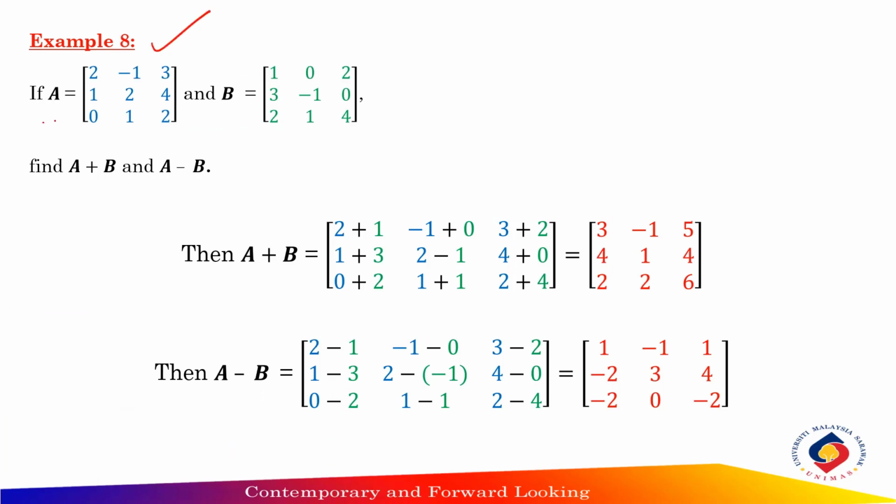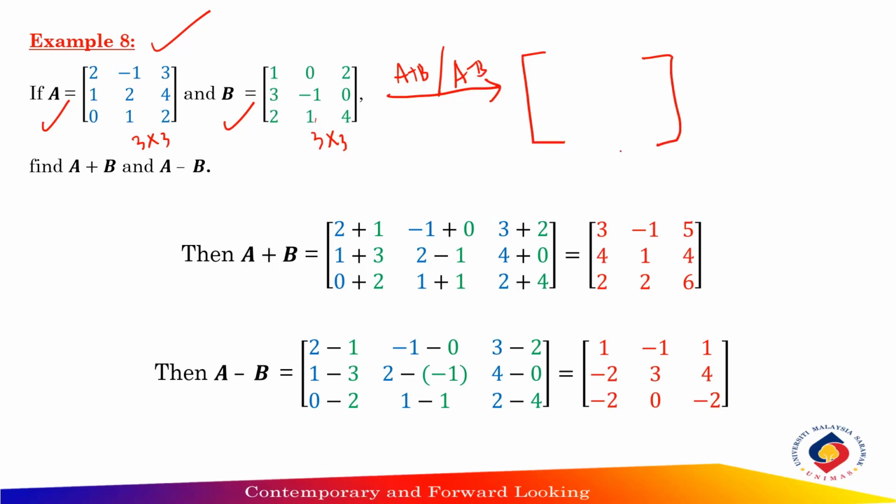You are given two matrices, matrix A and B, of order 3 by 3. And then we know that these two matrices can be added or subtracted because they are of the same order. And the outcome of the addition and subtraction process of these two matrices must be a matrix of order 3 by 3 as well.